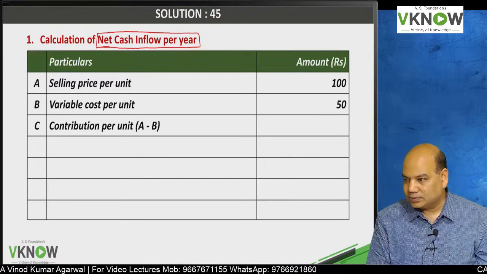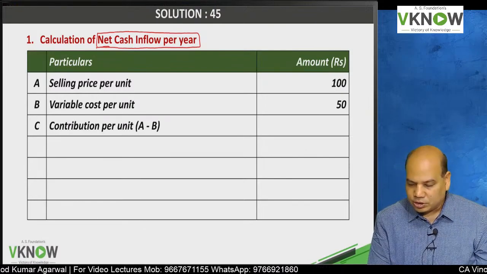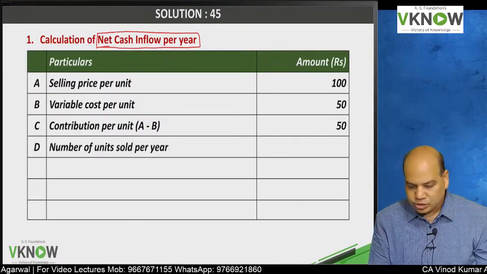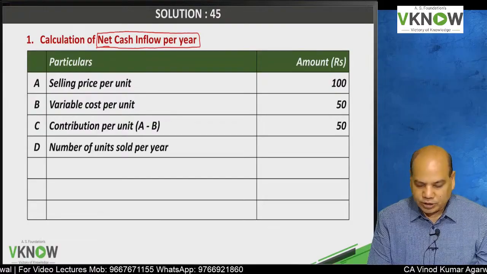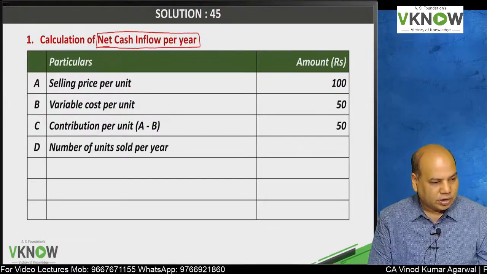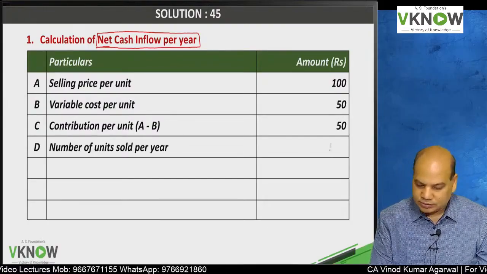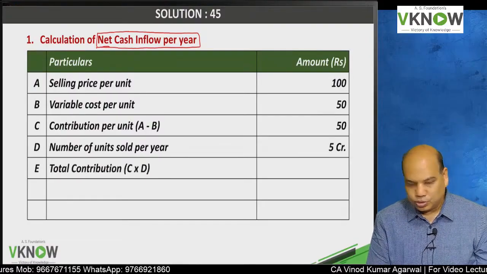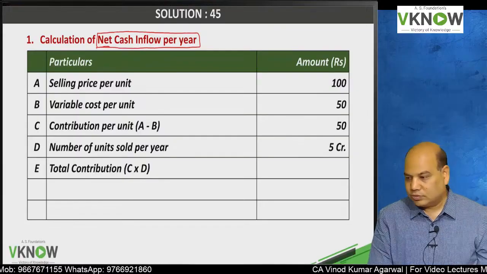Contribution per unit: 50 rupees. Number of units sold per year: 5 crore. So can I compute total contribution, C into D?